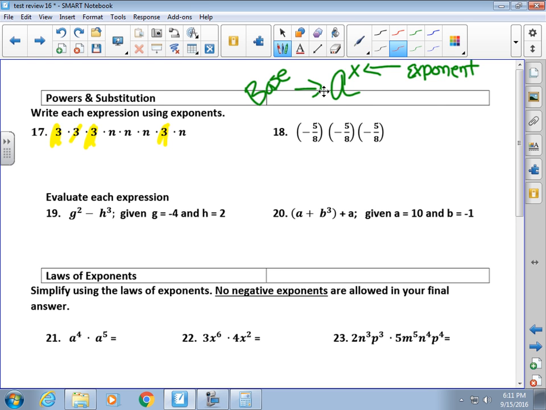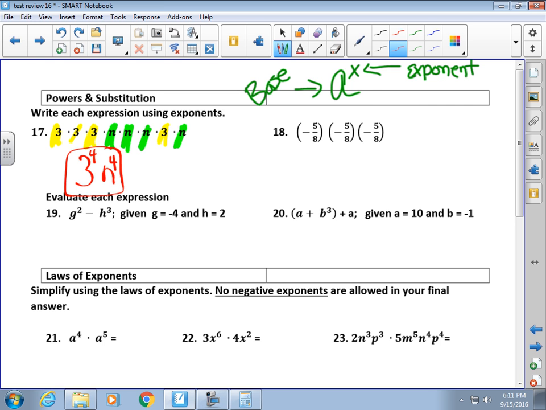So I'm going to write the base of 3, and I needed 4 of them. Then I have 1, 2, 3, 4 n's. So I'm going to write a base of n and then an exponent of 4. Number 17 is done.